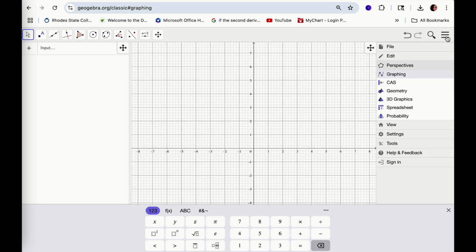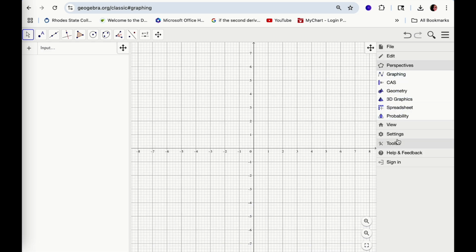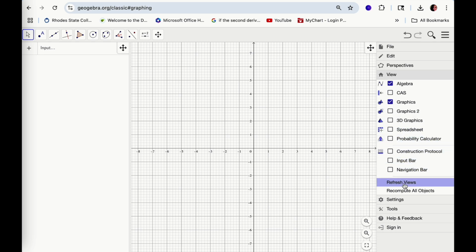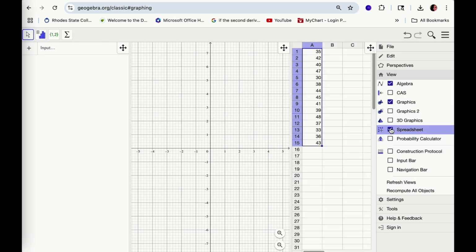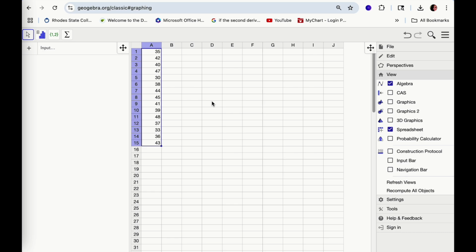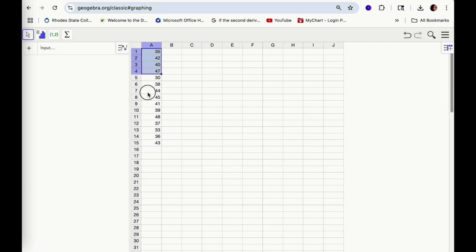We can click view and add spreadsheet view to our screen. I don't need my graph, so I'm going to uncheck the graph. This is data that I had in there previously. If you want to save the data you previously had in there, you can just use the next column. That's what I'll do. So pause the video for just a moment and enter your data.